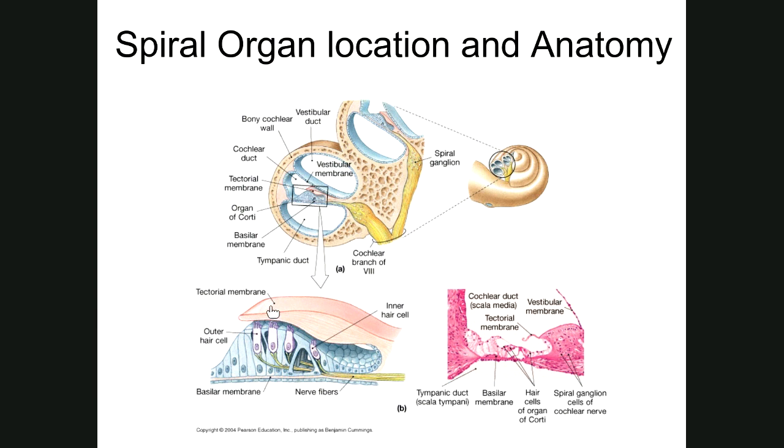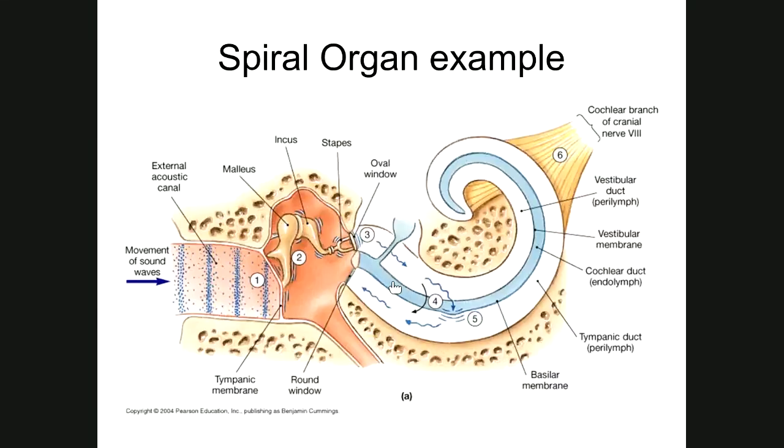When the hairs are pulled according to where the bouncing occurs, high pitch up here, they bounce in high frequency, lower pitch, lower sounds. Depending on where this membranous labyrinth is bouncing, that determines what sounds you hear. So it results in the scala media oscillating with the pitch of the pressure waves. Highest frequency waves are interpreted closest to the stapes. Lower frequencies are interpreted toward the end of the cochlea, further down bouncing.